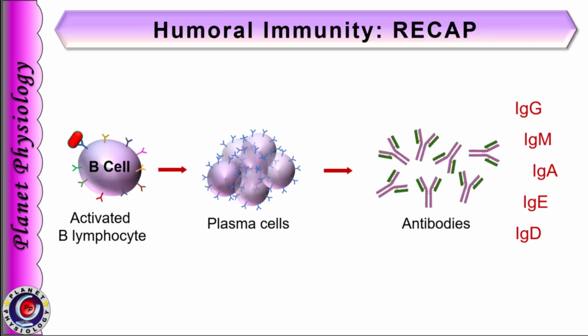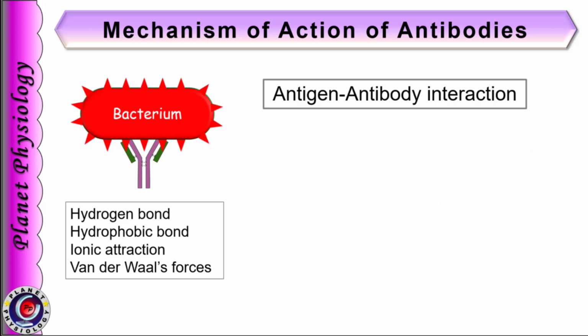So as studied earlier, activated B lymphocytes form plasma cells which secrete different types of antibodies to fight against invading organisms. These antibodies interact with antigens to form antigen-antibody complex, which is facilitated by various types of bonds like hydrogen bond, hydrophobic bond, ionic attractions, and van der Waals forces.